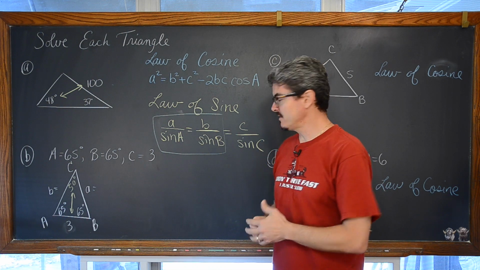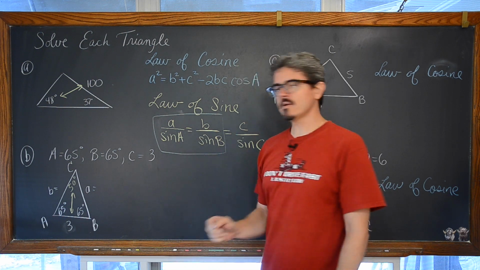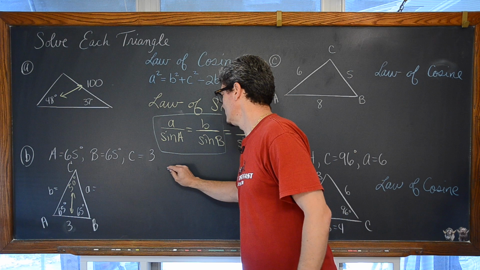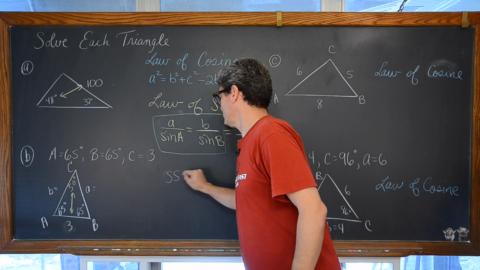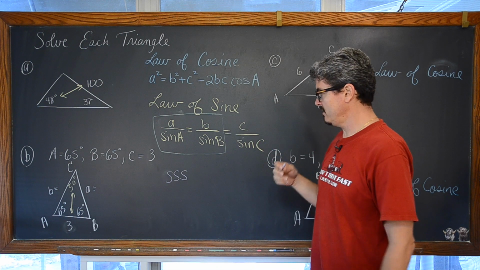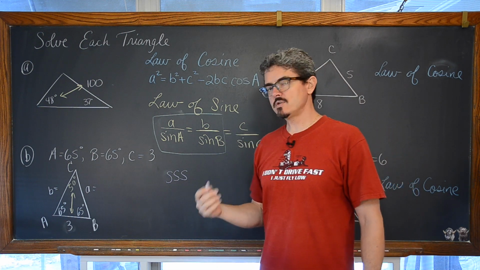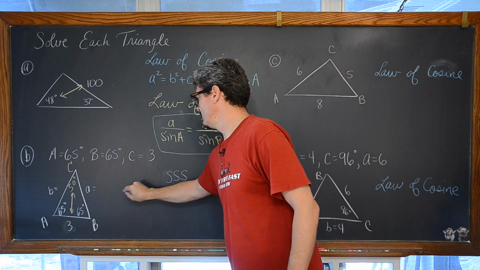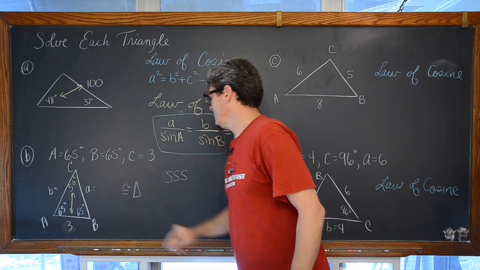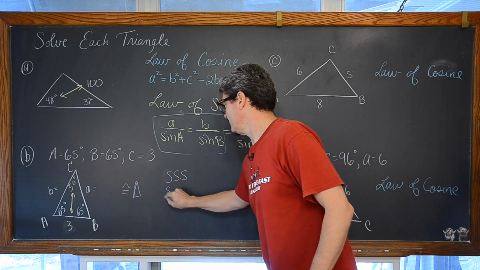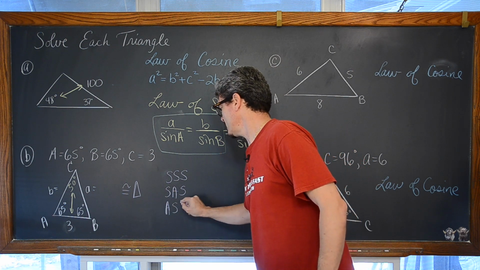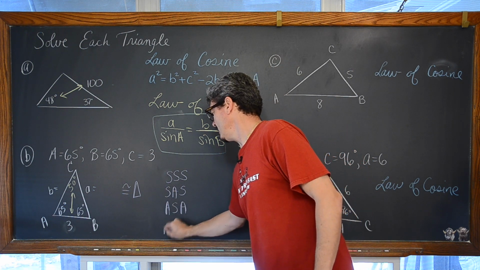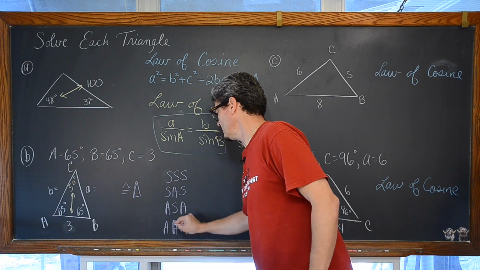Two triangles are congruent if you can prove that each of the corresponding sides are equal in length, or if you can use the side-angle-side theorem, the angle-side-angle theorem, and the angle-angle-side theorem.